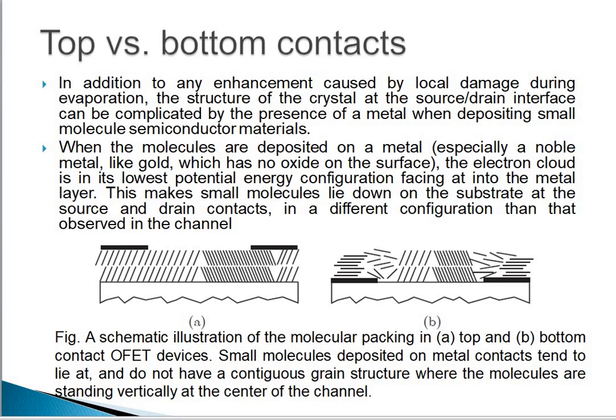When the molecules are deposited on a metal, especially a noble metal like gold, which has no oxide on the surface, the electron cloud in its lowest potential energy configuration faces into the metal layer. This makes small molecules lie down on the substrate at the source and drain contact in a different configuration than that observed in the channel.